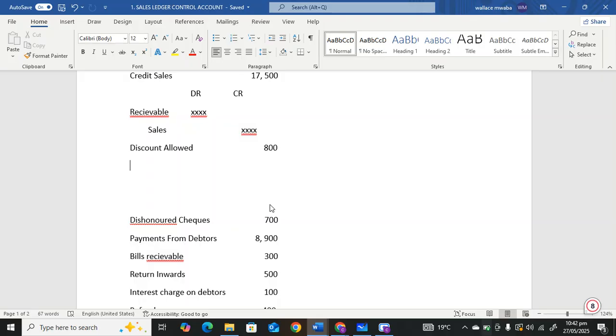So discount allowed happens when a receivable has paid you. Someone's owing you money, you've told them, if you pay me earlier, I'm going to give you a discount.